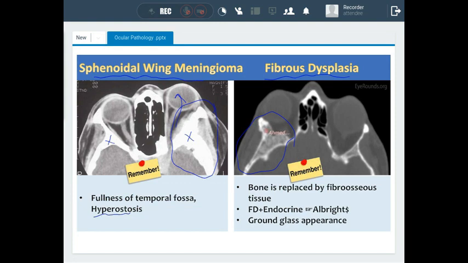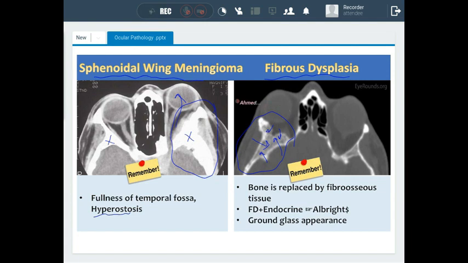The bone is just replaced by fibro-osseous tissue. So since it is not true bone, it doesn't show the hyperdensity of the bone that's present in the sphenoidal wing meningioma. Rather, it presents with what's called the ground glass appearance. So it is mottled, it is grayish in color, and not hyperostosis.